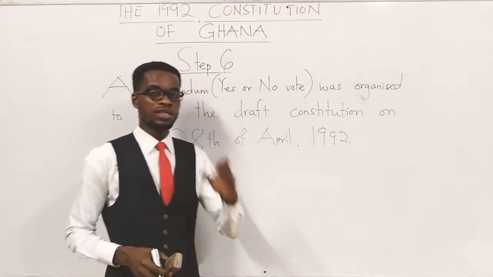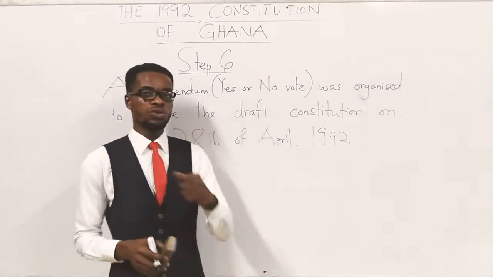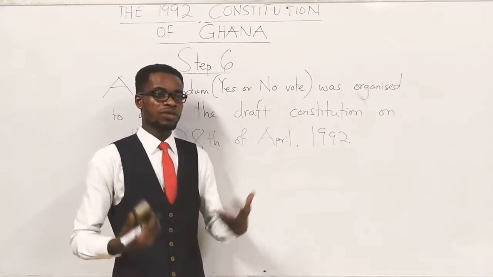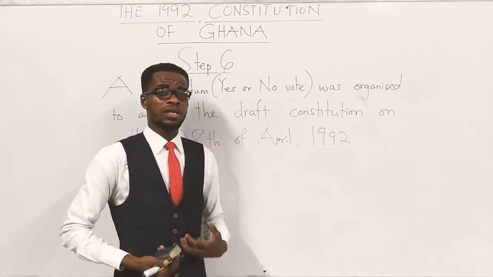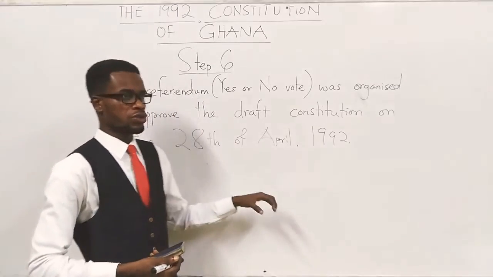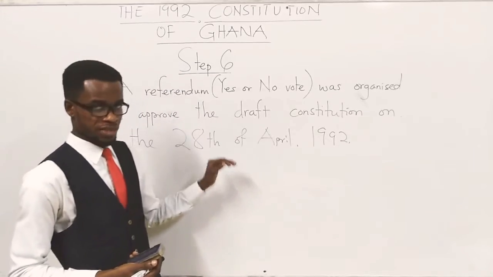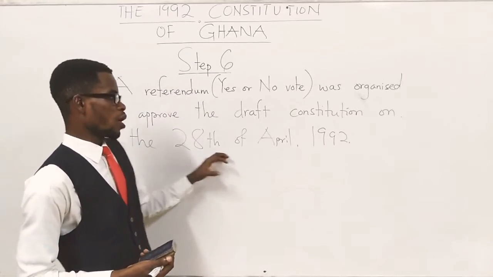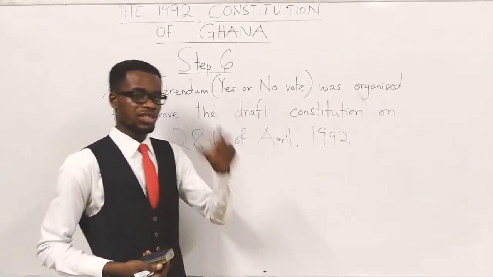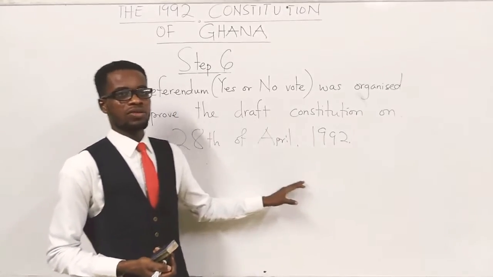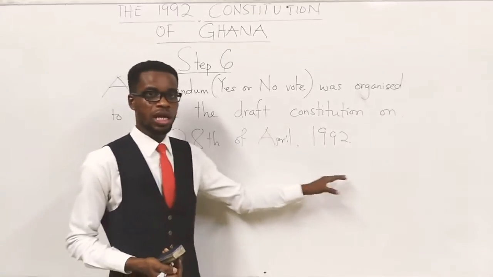Until recently, this was changed. The constitutional day was changed from this day to the 7th of January, because the 7th of January marked the coming into force of the constitution, and that is going to be our last step, step 7. But before that change occurred, the 28th of April 1992 was celebrated as our constitutional day.